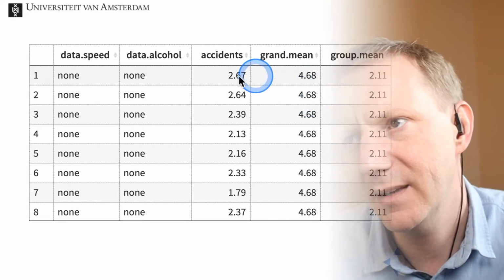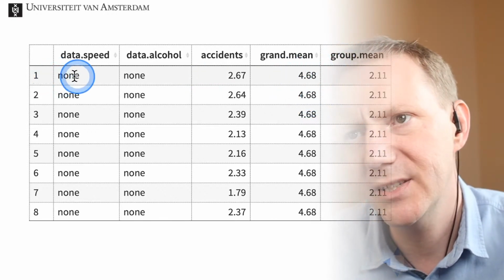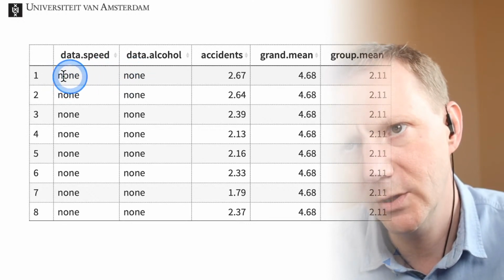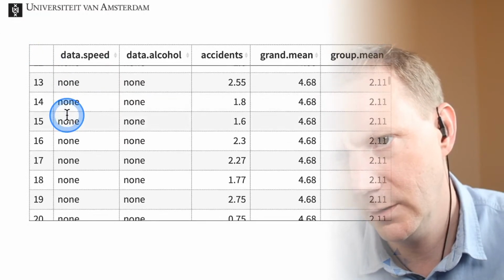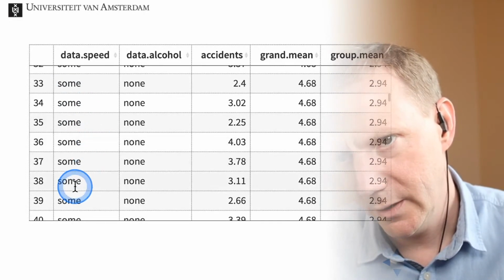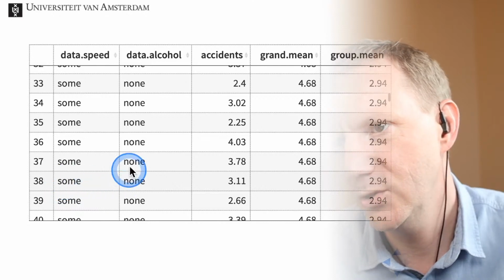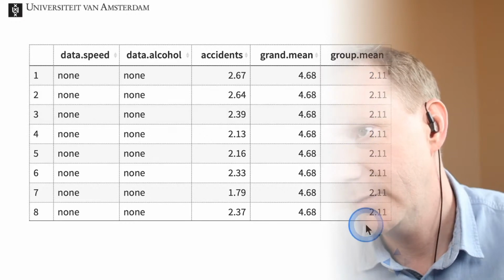So this means that the group mean for everybody in the no speed, no alcohol group, so all these people up until here. Now we're changing the amount of speed that is consumed. But the average is all the same for these people.